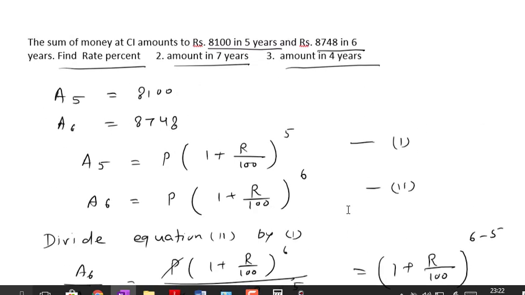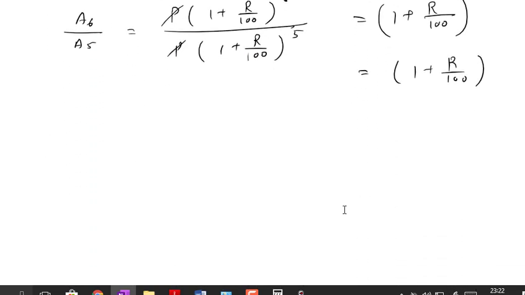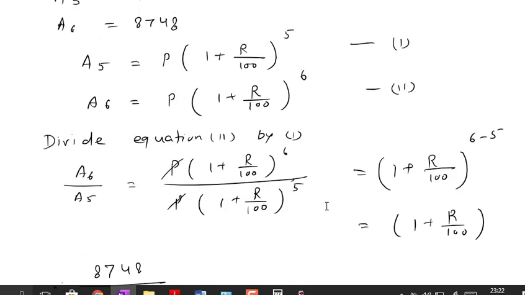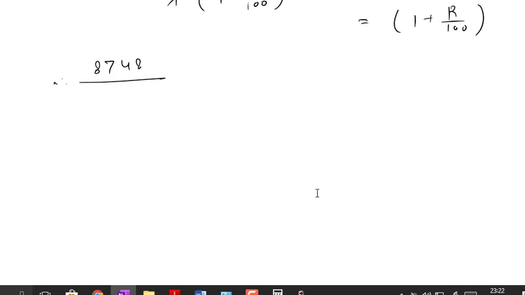The value of A6 is 8748. So we say that 8748 divided by, in the denominator we have 8100, and on the right hand side we have 1 plus R upon 100.